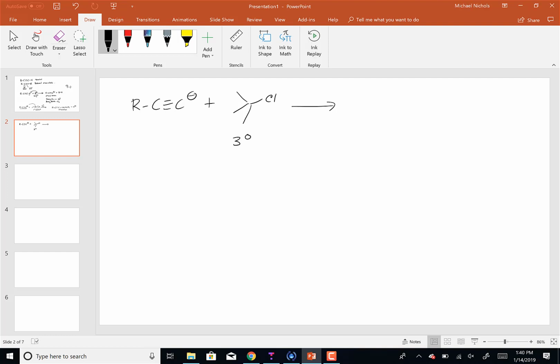I could do SN1 if there was enough time to lose the chloride and then have the strong anion or strong nucleophile react with the carbocation. But actually what happens with this strong nucleophile is it's not going to do SN1, it's going to do E2. It's going to act as a base.